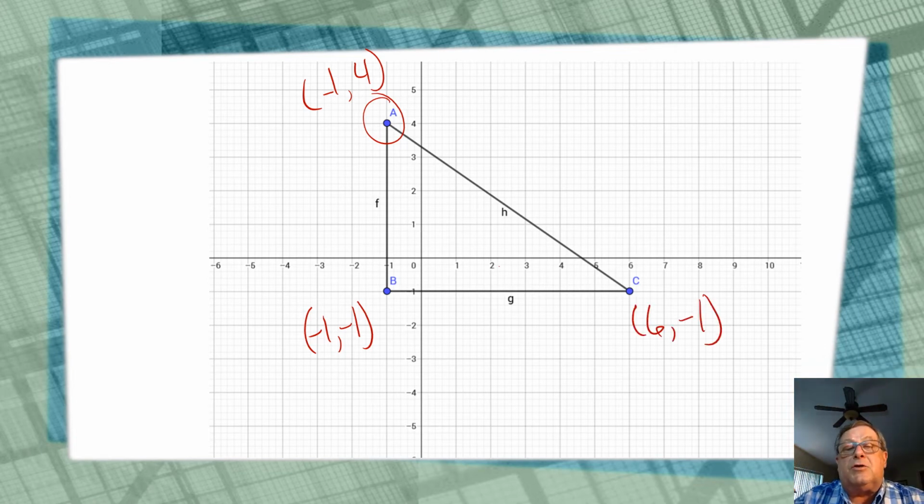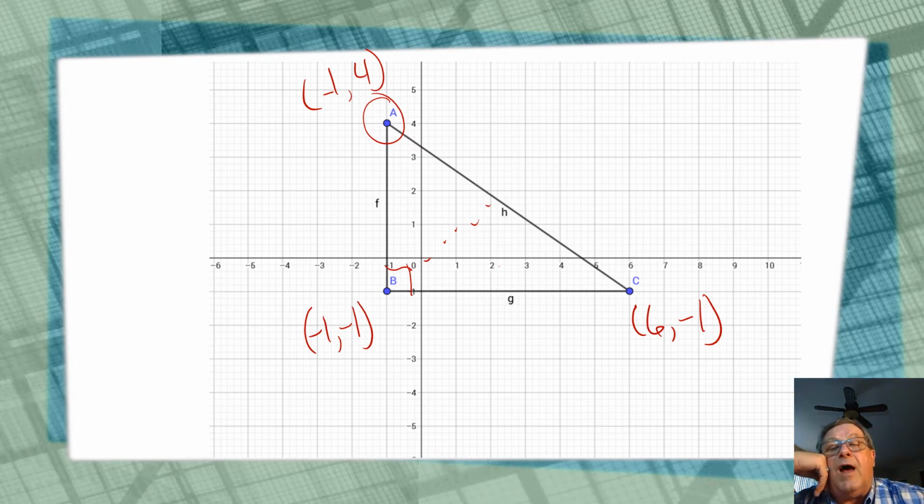Now, if I look at this triangle, there are other ways we could prove it by finding the slopes and so on, things that we'll actually work with later. But I'm going to say that this is a right triangle, which means that we've got two legs, and this is the hypotenuse directly across from the right angle.